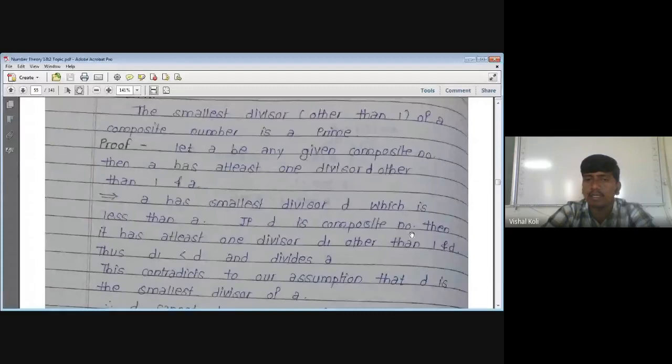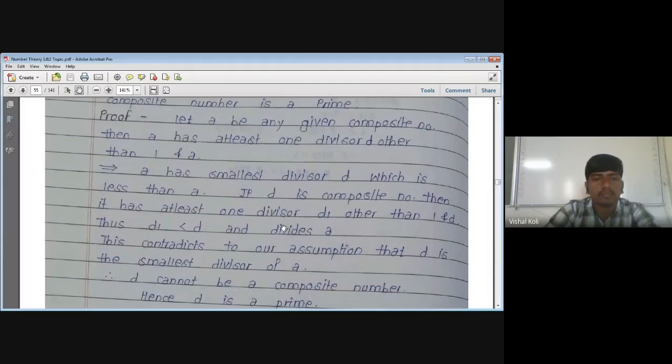Then, from the definition of composite number, D has at least one divisor D1 other than 1 and D. That is, D1 is another divisor of D other than 1 and D. Therefore D1 is less than D.